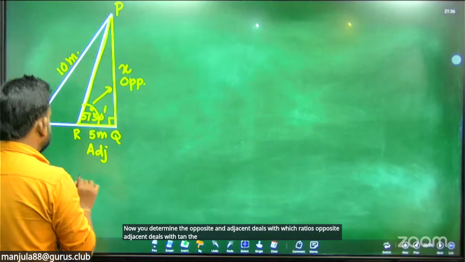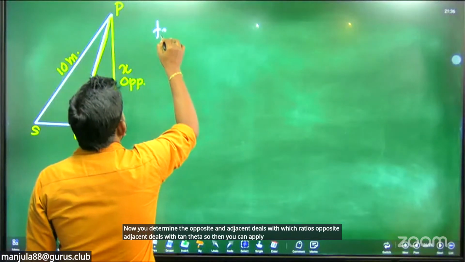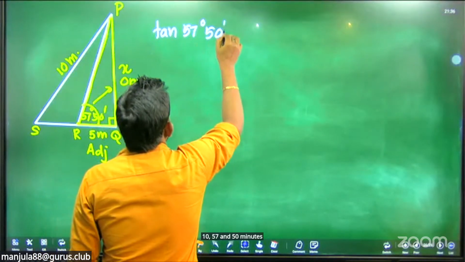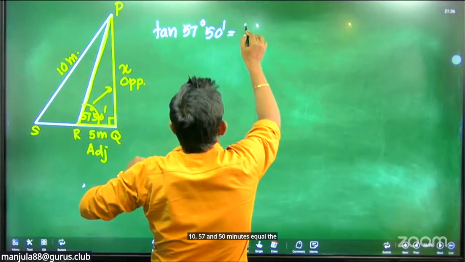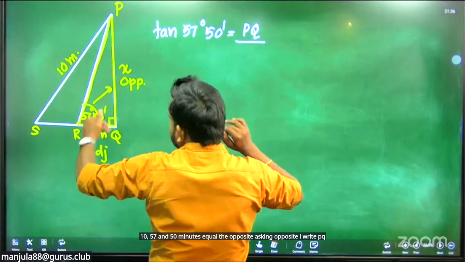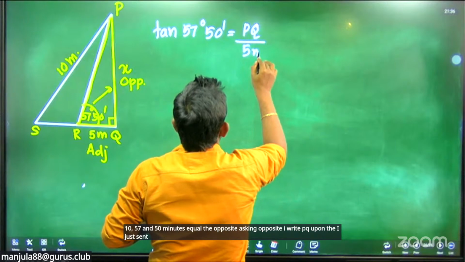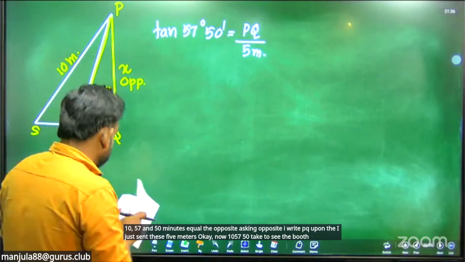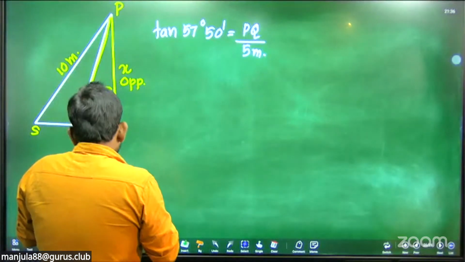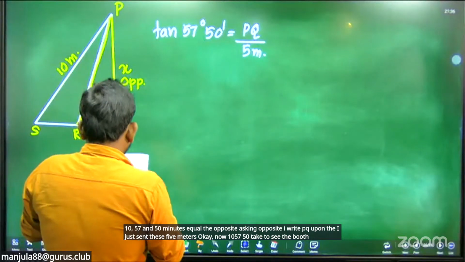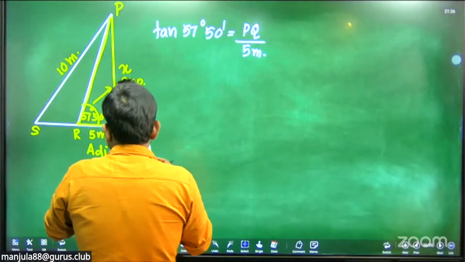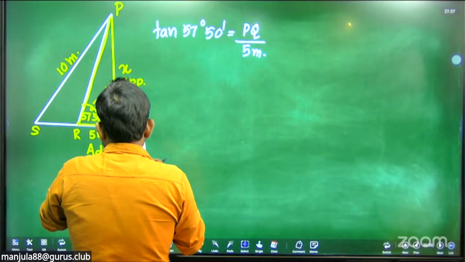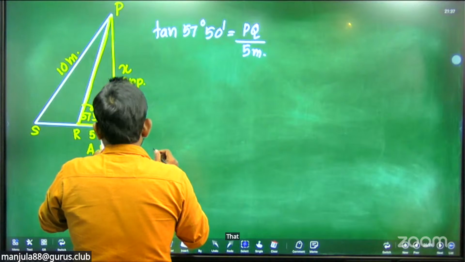So then you can apply tan 57 degrees 50 minutes equals the opposite, which I write as PQ, upon the adjacent, 5 meters. Now use the tan 57 degrees 50 minutes value from the book. That is 1.5900.